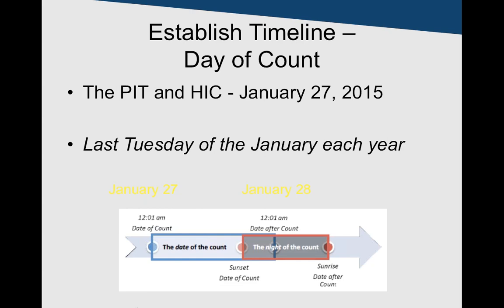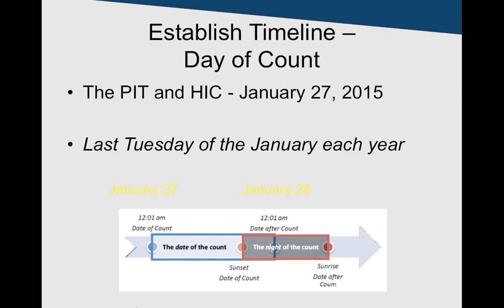Ohio encourages all COCs and local communities to utilize the last Tuesday of the month each year so that we have a consistent Ohio count. This also allows Ohio to develop a snapshot of the number of homeless persons over a 24-hour period.